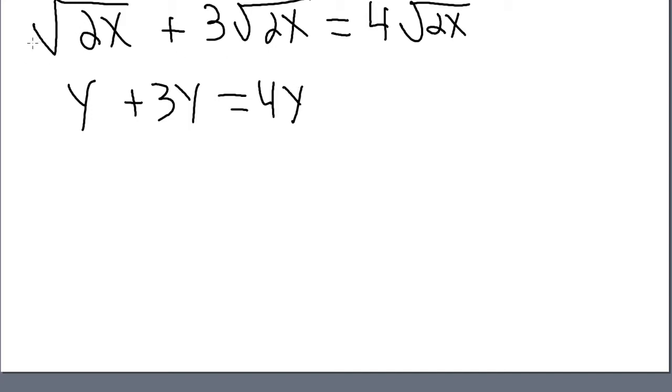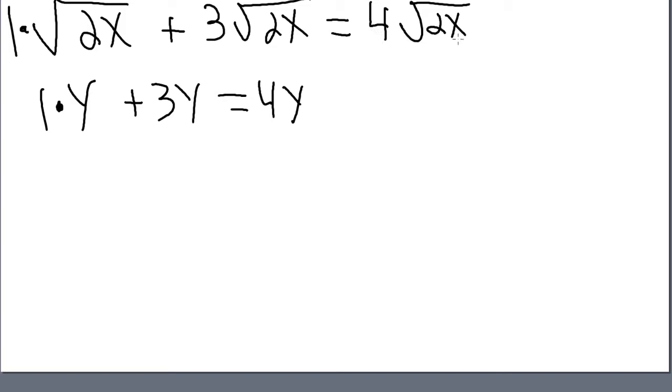You can always kind of visualize this the same way. And if you're still having a hard time understanding, the reason why it's 4y is because y is technically 1 times y. And similarly, you can imagine that this is actually 1 times the square root of 2x. So you're basically taking the number in the front, the 1, plus the 3, to get the 4.